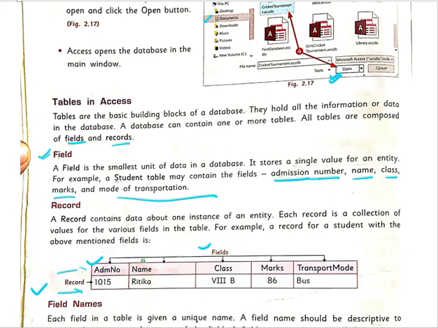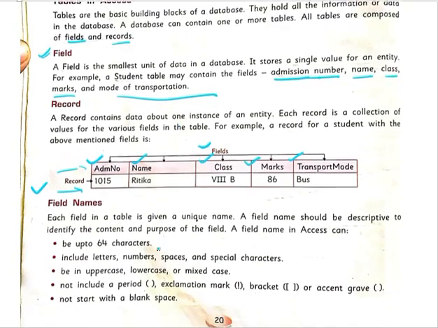That means your fields are admission number, name, class, mark, and transportation mode, so in the record section you write the admission number, the name, the class, the mark, and the transportation mode. A record contains data about one instance of an entity, and each record is a collection of values of the various fields.